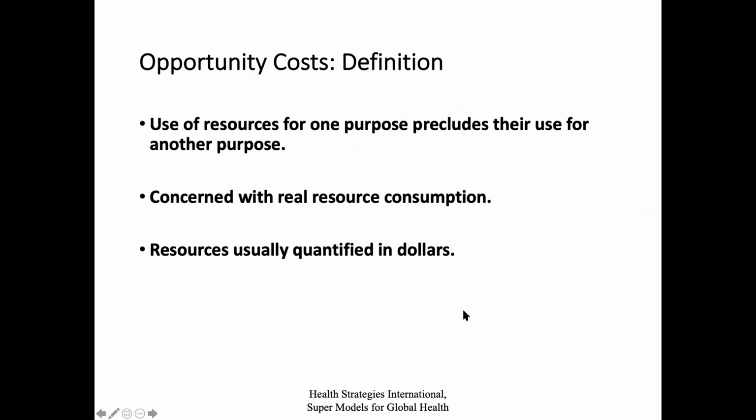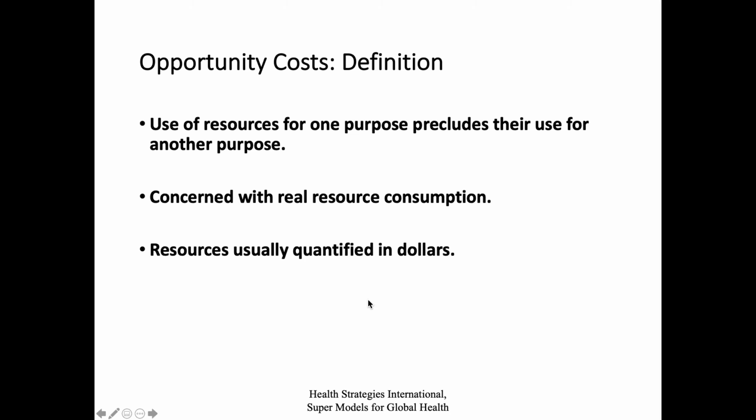Another really important thing to think about is some fundamental principles in economics. And the one I want to talk about is opportunity costs. The use of resources for one purpose precludes their use for another. So if you spend $100 on gasoline for your car, that's $100 you can't spend on some other purpose.